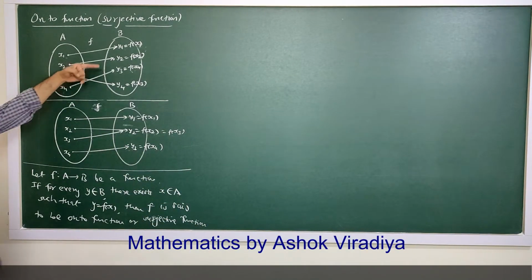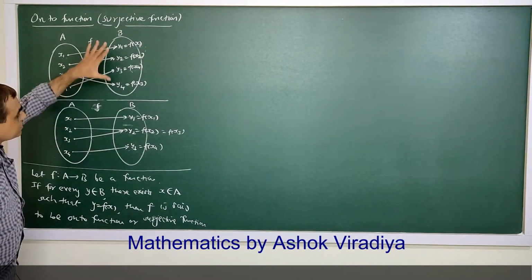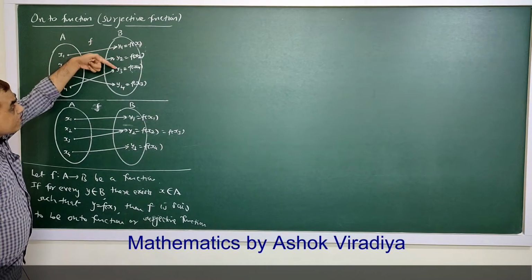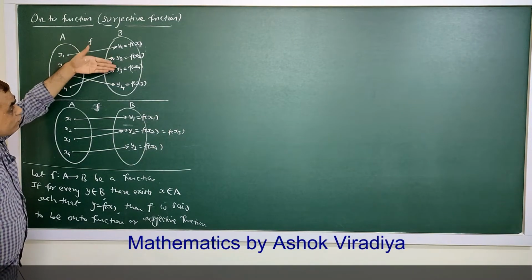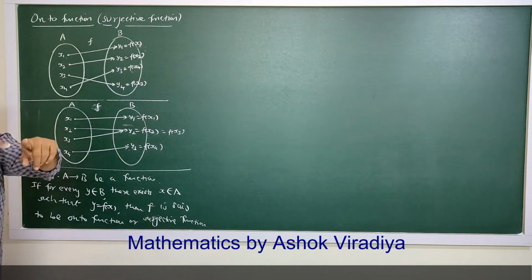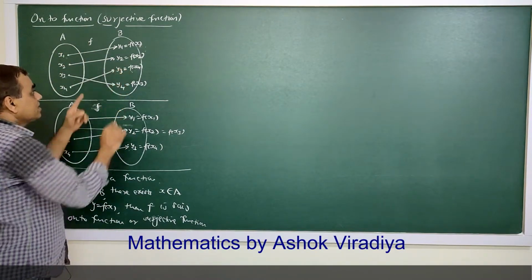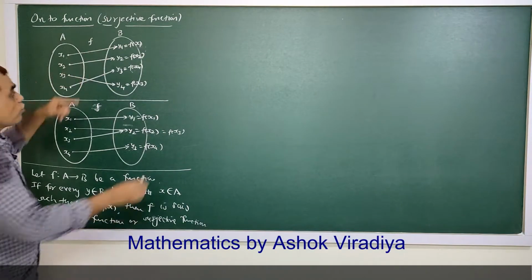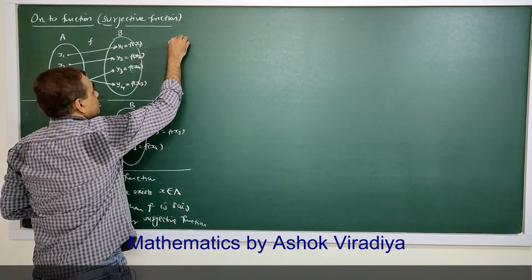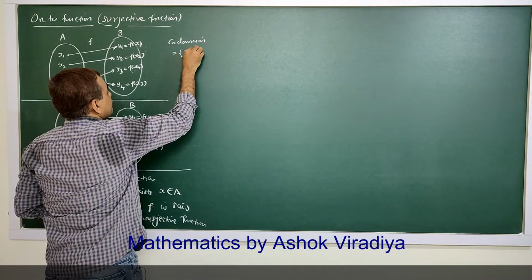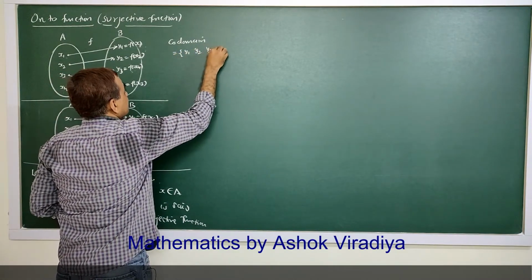Say here in these examples, the codomain contains 4 numbers and the range also contains 4 numbers. Here the codomain is y1, y2, y3, y4.